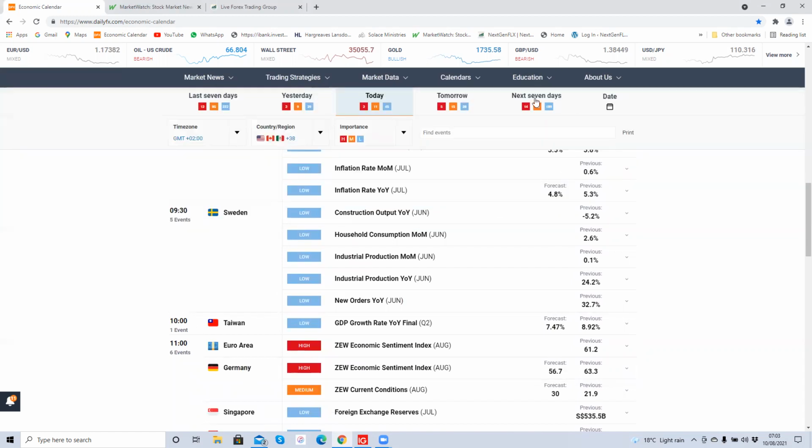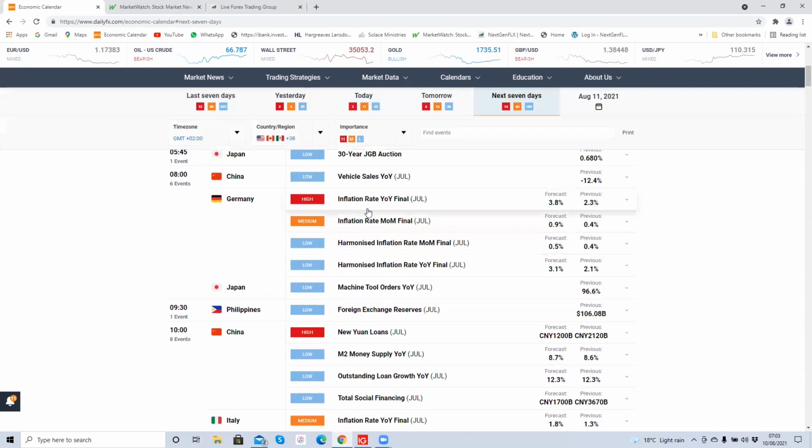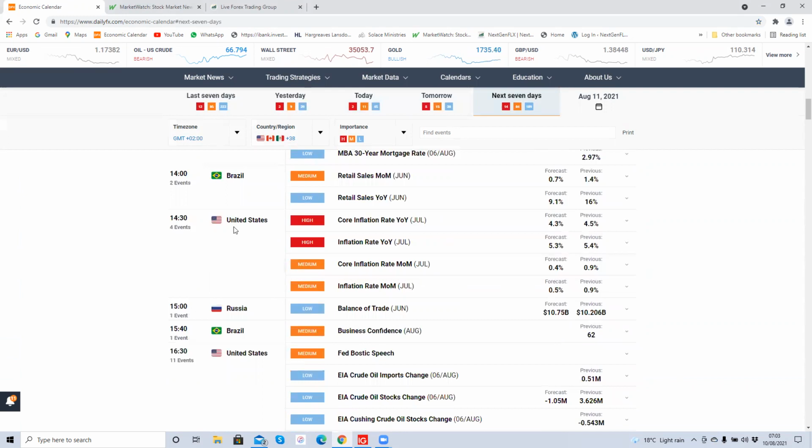Well, let's look at the rest of the week to see if there's anything major coming up. We can see tomorrow, Wednesday the 11th, we have the Germany inflation rate. That's a report of quite high importance. And the big one tomorrow is the US inflation rate.